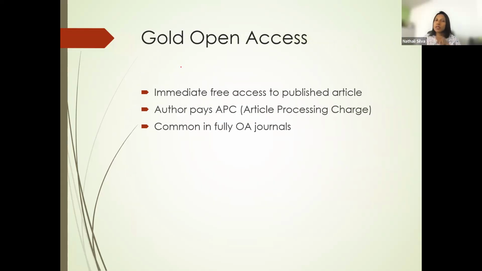Okay, when it comes to open access, there are a few types. One is gold open access. In gold open access, the authors have to pay the full article processing charge, and that is common in full open access journals. Full open access journals are the ones like IEEE Access. They do not have any subscription model.